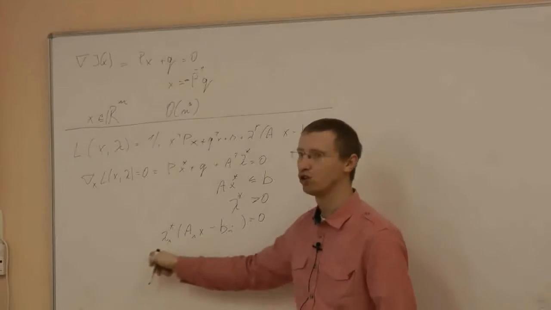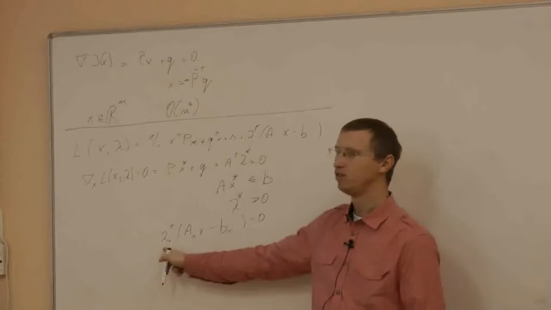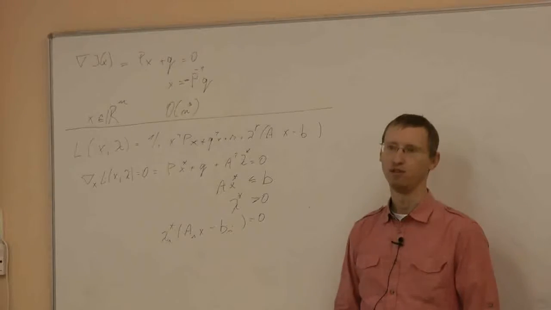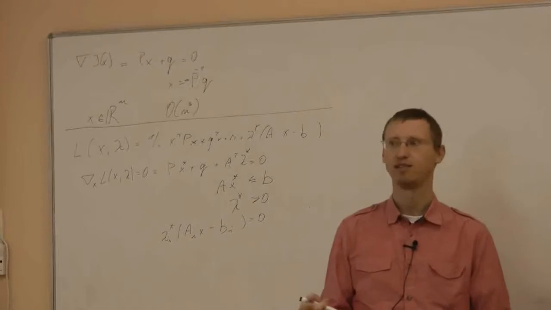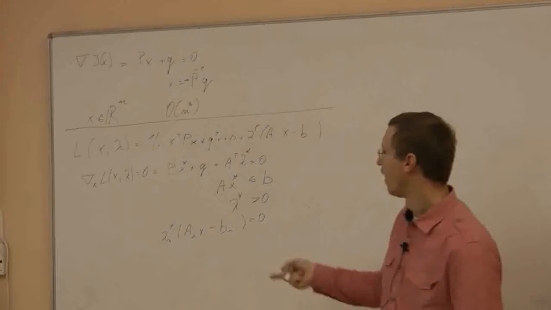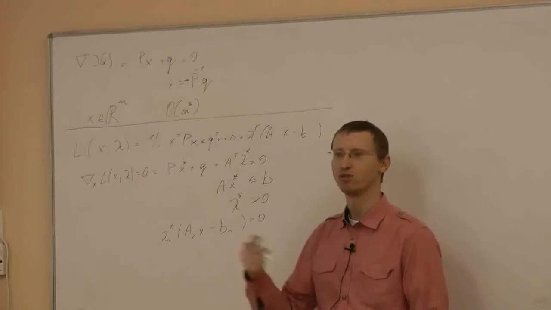And we know that there are actually two situations when this could happen. Either lambda is 0 or the bracket is 0. If the bracket is 0, that means that the i-th constraint is active. If lambda is 0, what can we say? Is the constraint active or not?